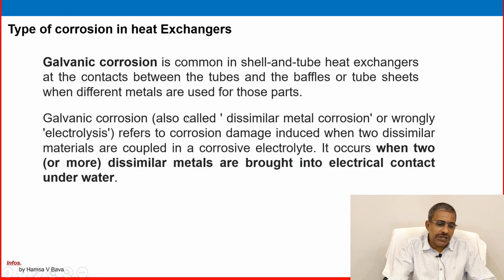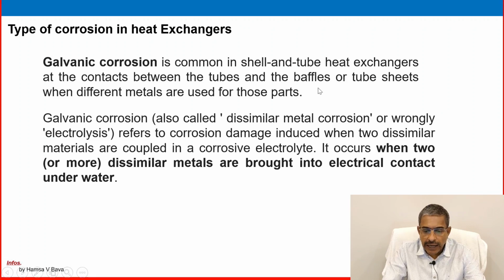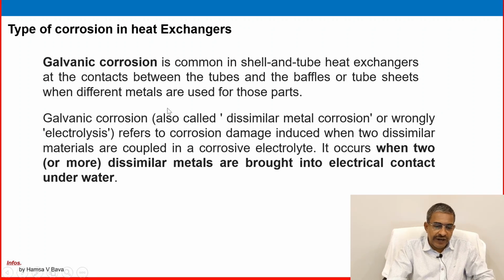Types of corrosion: galvanic corrosion is common in shell and tube heat exchangers, at the contacts between the tubes and the baffles or tube sheet, when different metals are used in those spots.